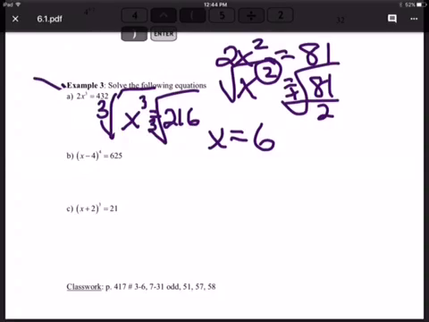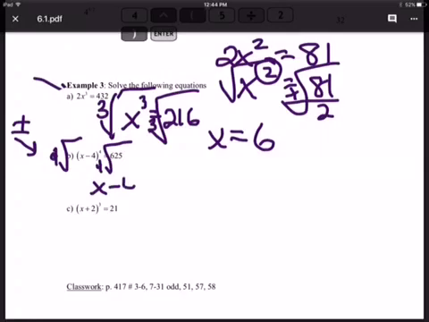Okay, for part B, in order to get x by itself, if I undo my order of operations, I need to get rid of the exponent first. So I'm going to take the 4th root of both sides. So undo the 4th power by the 4th root. Because this is even, I need a plus or minus.